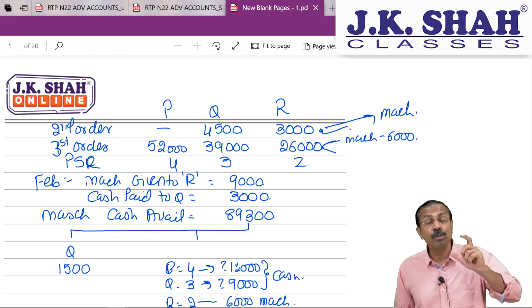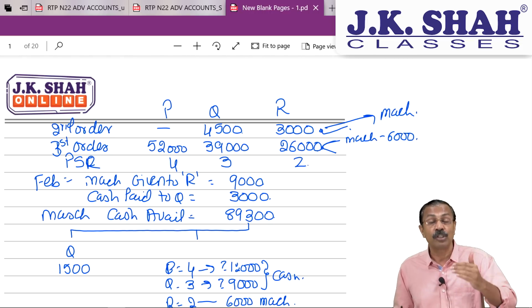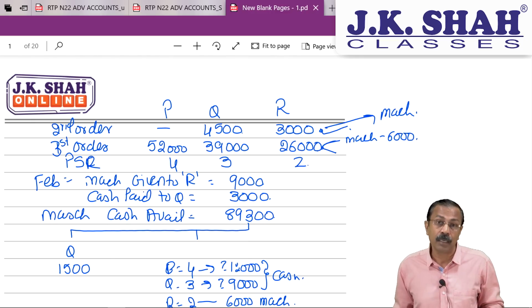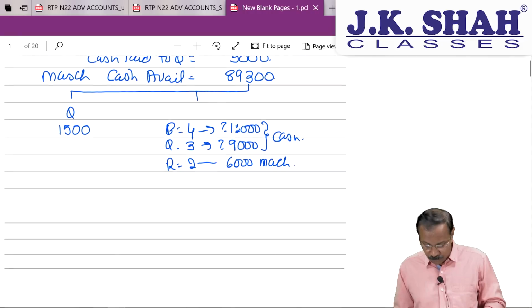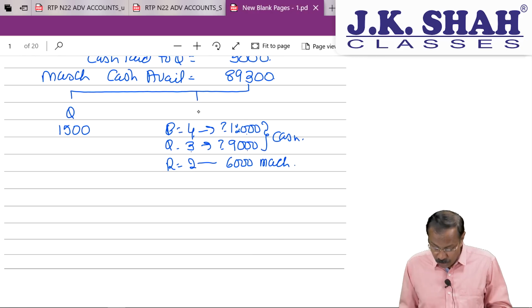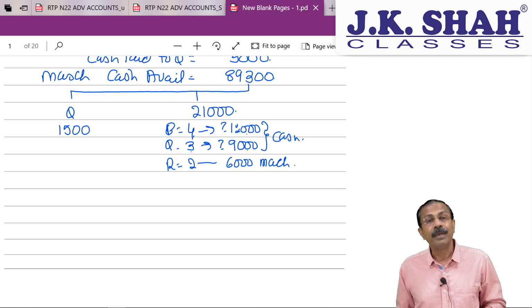So proportionate share of P and Q should be paid in cash first, so that their capitals come back in their PSR, remember. So for 2 share it is 6,000. For 3 it will be how much? 9,000. 4 it will be how much? 12,000. 12 plus 9 is 21,000.